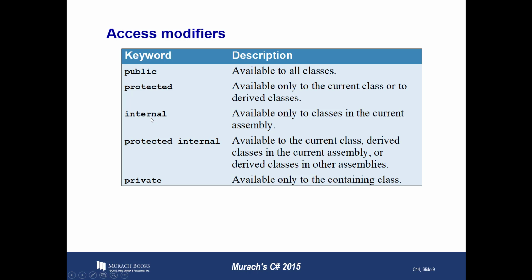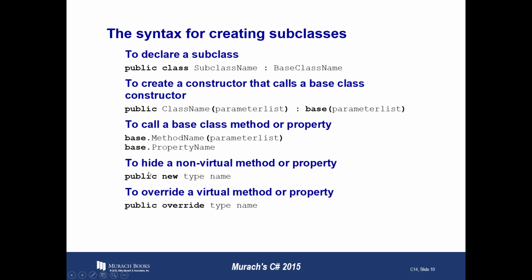If it's internal, that has to do with the current assembly or where I'm currently creating my project. Protected internal is the current class, derived classes in the current assembly, or derived classes in other assemblies. Typically, you don't monkey with these very much. And private, meaning it's only available in the class you're in.